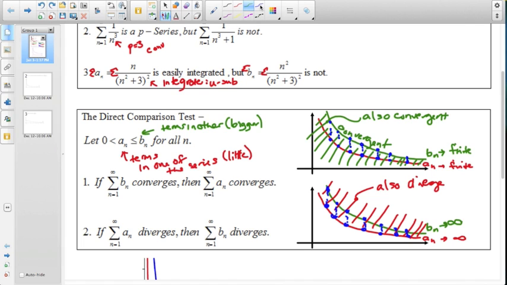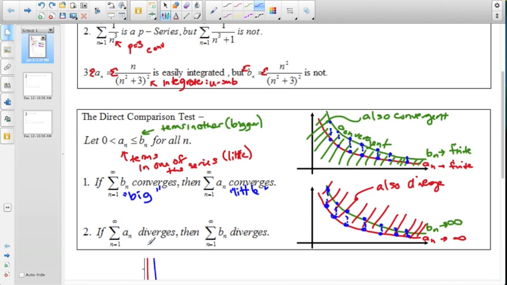So we sum this up: if B sub n, the big one, converges, then the little one, by comparison, also converges.